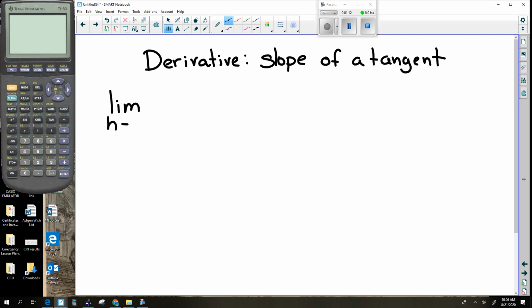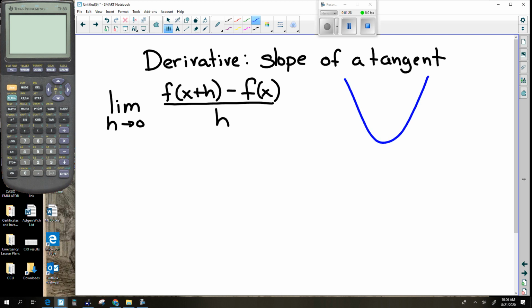The limit as h goes to 0 of f of x plus h minus f of x all over h. All right, and so what that will do is this. Let's say I have this f of x.